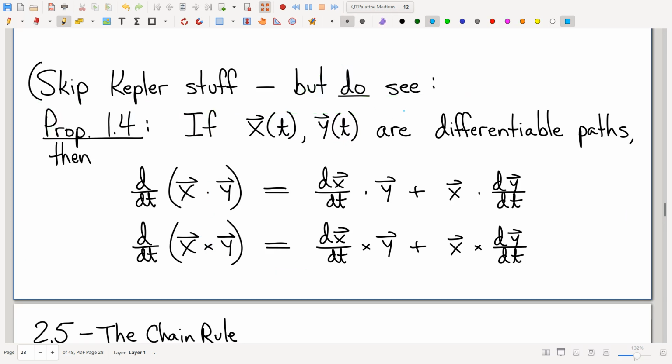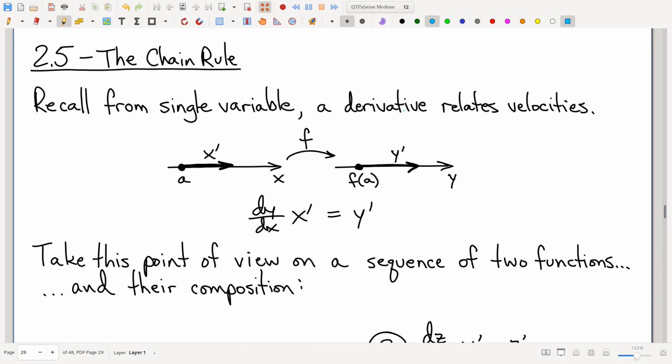Okay. Chain rule. Y'all remember the chain rule? I assume that y'all are strong with the single variable chain rule. My purpose on this page of the notes is not to teach y'all the single variable chain rule. I know you know the single variable chain rule.